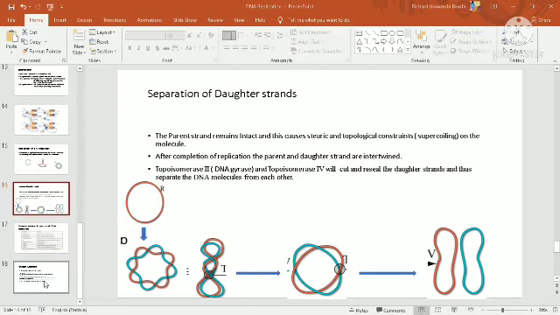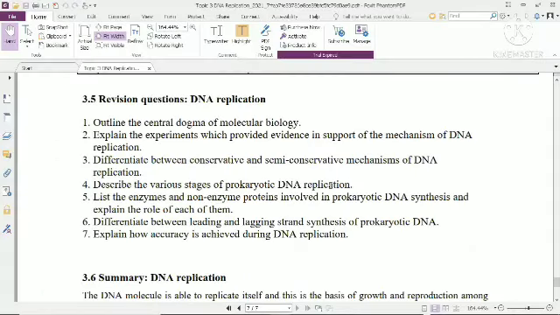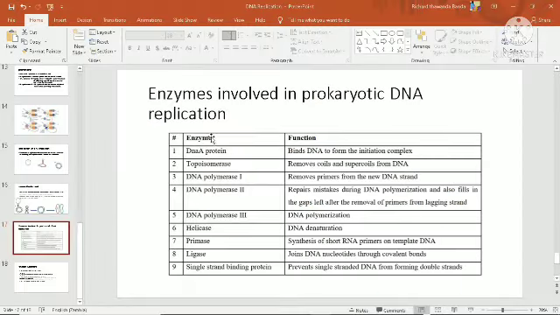Okay, so describe the various stages of prokaryotic DNA replication. I believe we've done that. List the enzymes and non-enzyme proteins involved in prokaryotic DNA synthesis and explain the role of each. As we were talking about the stages, I also talked about the various enzymes, and I've put up this summary table.